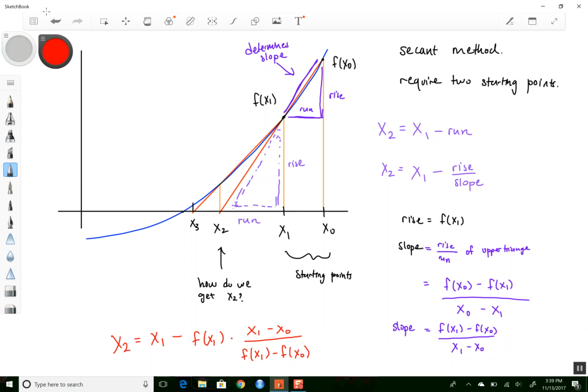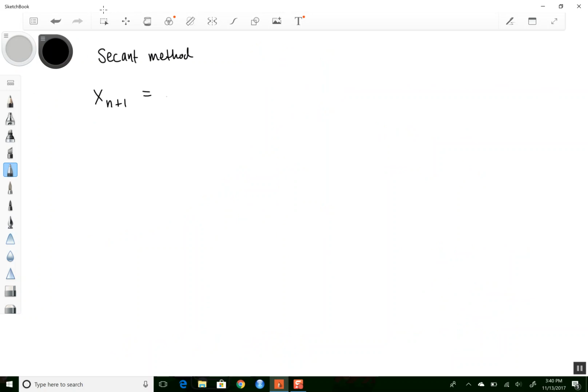So, the secant method: x_{n+1} is equal to x_n minus f of x_n times (x_n minus x_{n-1}) divided by (f of x_n minus f of x_{n-1}).